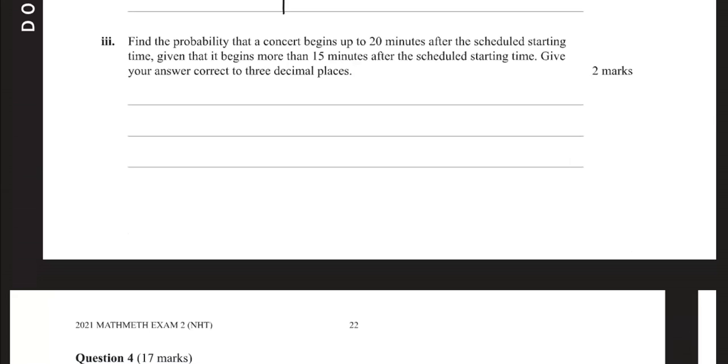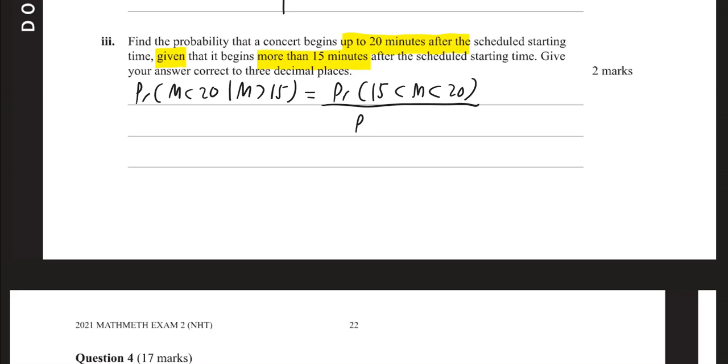Part iii. Now we need to find the probability that a concert begins up to 20 minutes after the scheduled time, given that it begins more than 15 minutes after. That's when M is less than 20, given that M is greater than 15, which is the probability of M between 15 and 20, divided by the probability of M greater than 15.